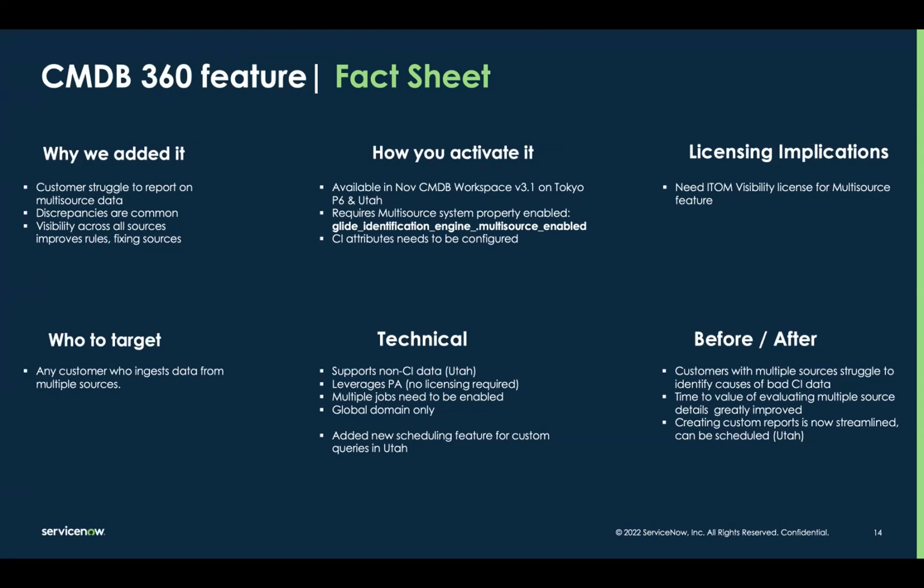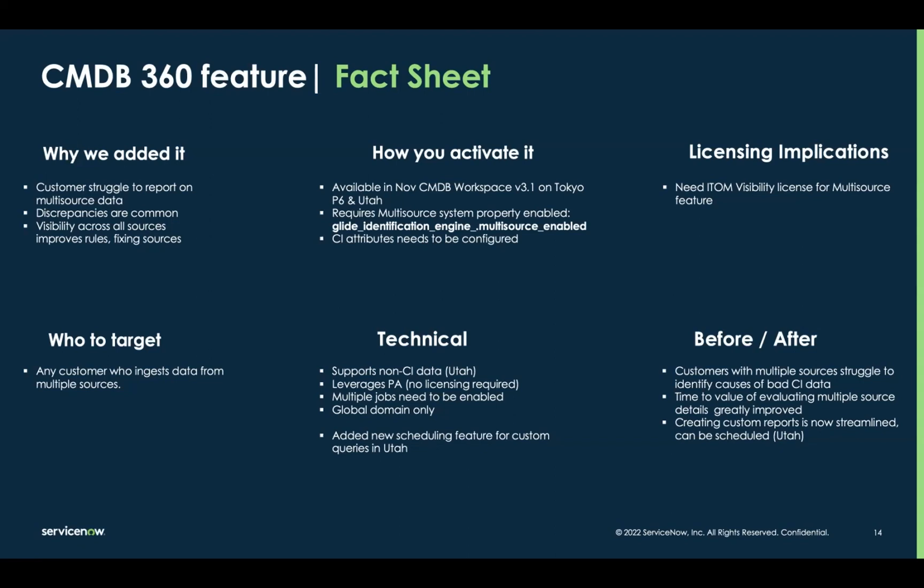If you do want to create custom reports, of course, you may be subject to PA licensing, but everything you use out of the box within this feature requires no license. Some jobs are going to need to be enabled, and that's just a setup process, so just make sure that they are enabled. Otherwise, those summaries won't be populated. And we're also processing data in the global domain, so the CIs are going to be needed in the global domain for them to show up.